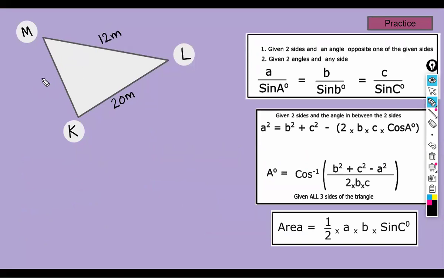Let here be 13 meters. Okay. All right. Everyone draw that triangle then. And the aim of the question is to find this angle here. We want to find angle L.